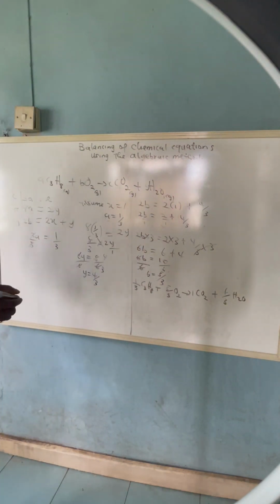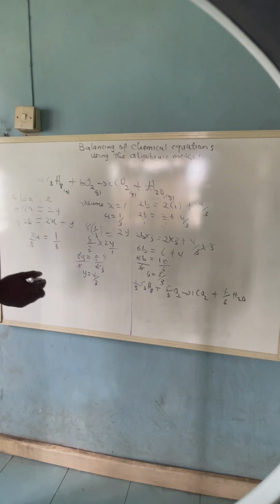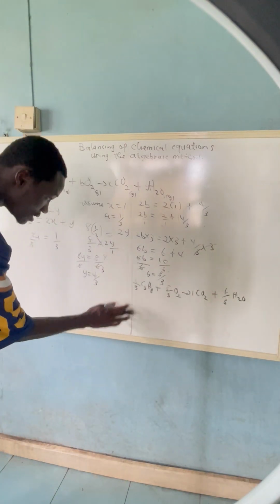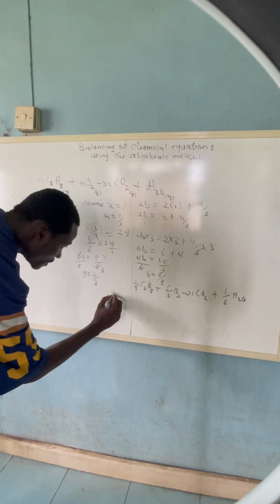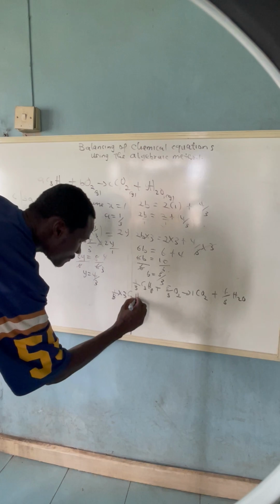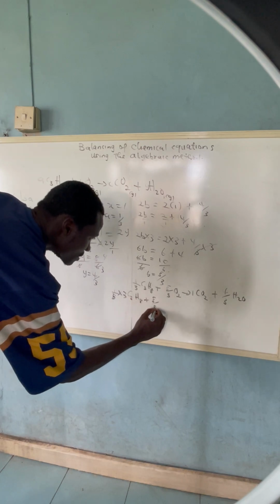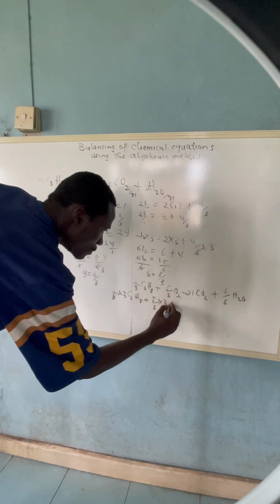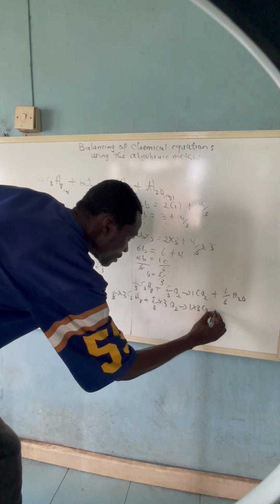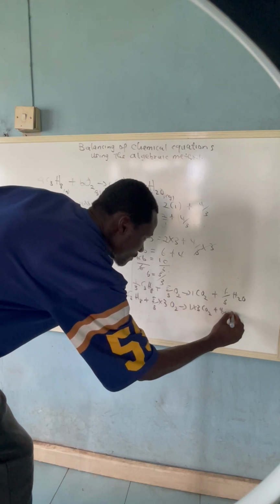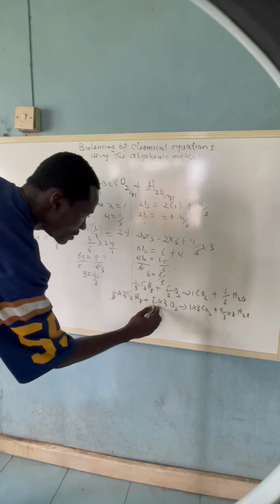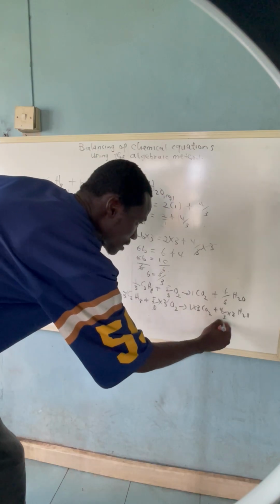From here, what we are going to do is remove the fractions. The LCM is 3, so we multiply all through by 3. 1 over 3 times 3 C3H8 plus 5 over 3 times 3 O2 gives 1 times 3 CO2 plus 4 over 3 times 3 H2O. We can cancel 3 with 3 in each term.